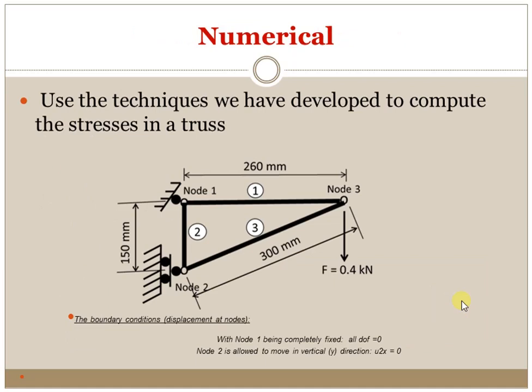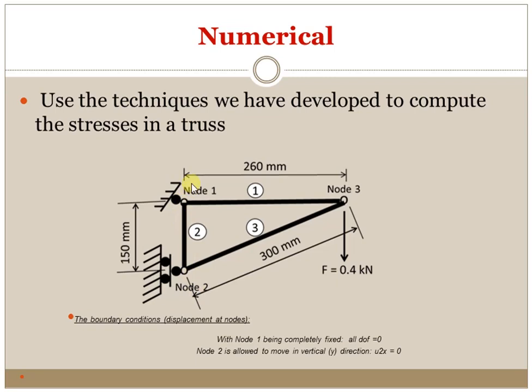So at the end of this lecture, use the techniques we have developed to compute the stresses in the truss. You can see here one truss having 3 elements, 1, 2 and 3, and these 3 elements are fixed at node number 1 and node number 2.